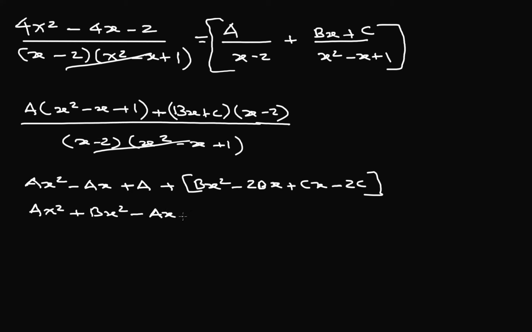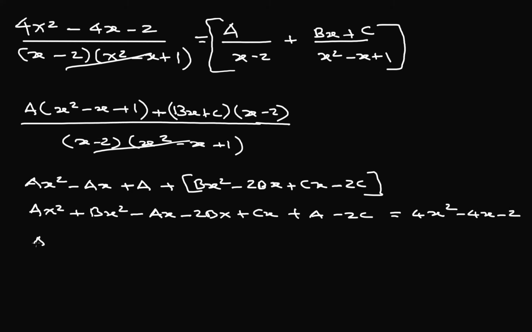Then here I'll have minus 2bx. Then plus cx, because this is positive, so everything remains as is. Then we have constants, which is a minus 2c. Right. So we have this. If I factorize, I'm going to get a plus b. So this now we can equate to the first part, which is 4x squared minus 4x minus 2.